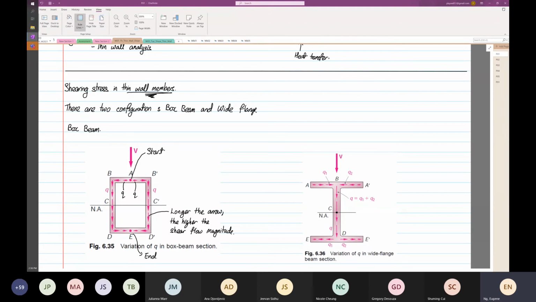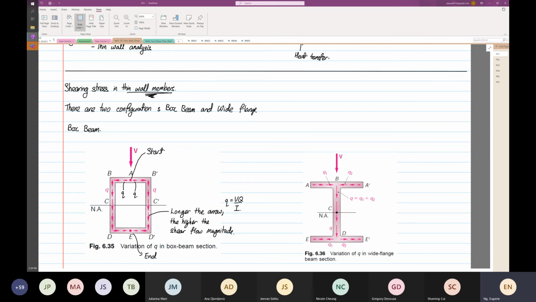If we look at the formula for shear flow, we have q is equal to VQ over I. So that is what we call the shear flow.